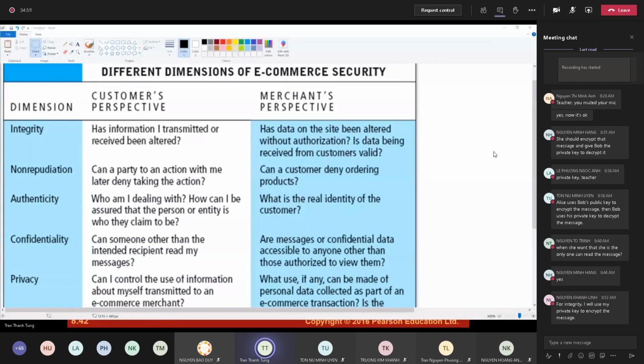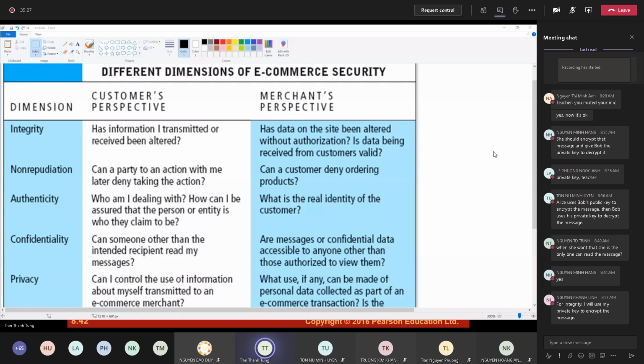Then if someone in the middle gets the encrypted message and wants to change it to, I want to increase the salary of Alice and Bob to $5,000, they have no access to the private key of the boss, so they have no way to rewrite the message.